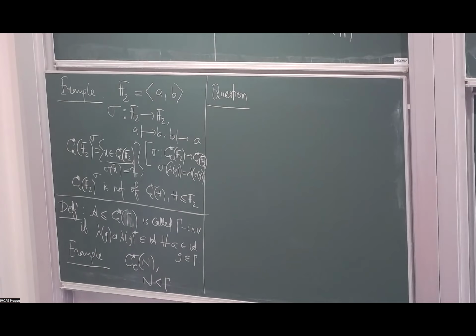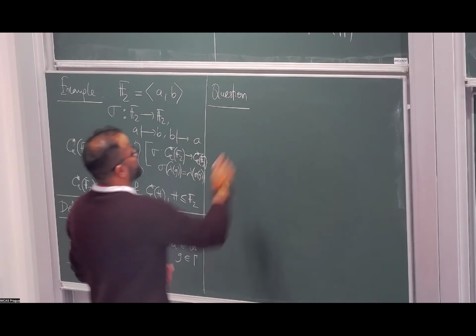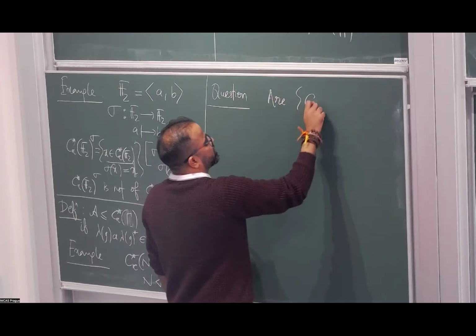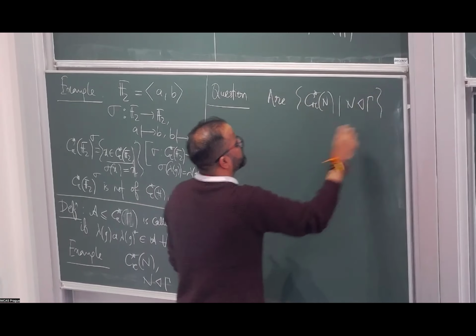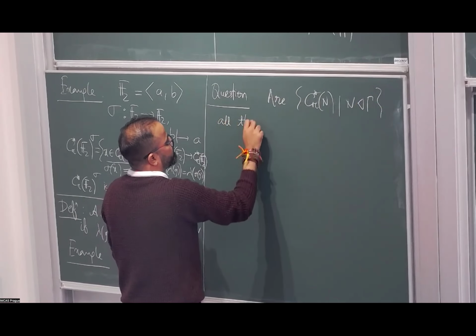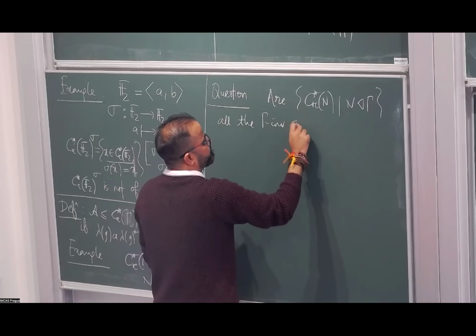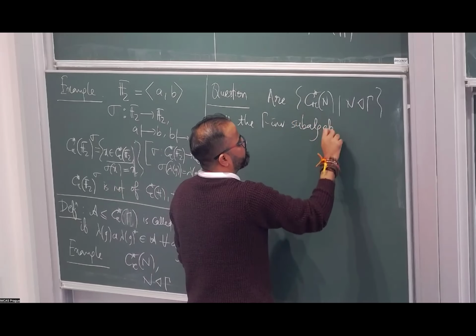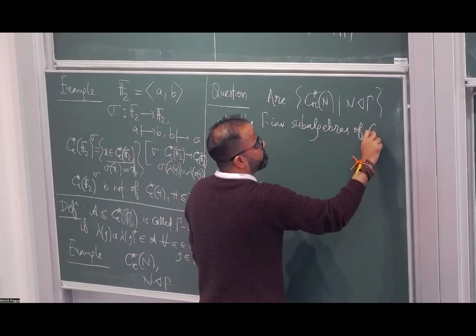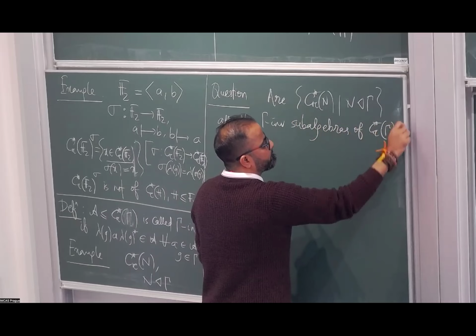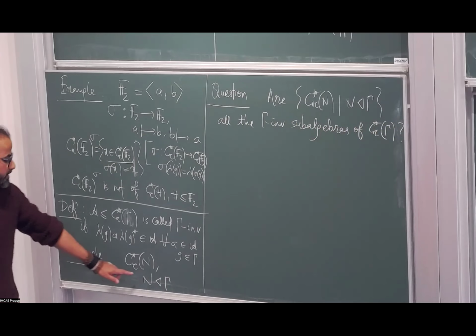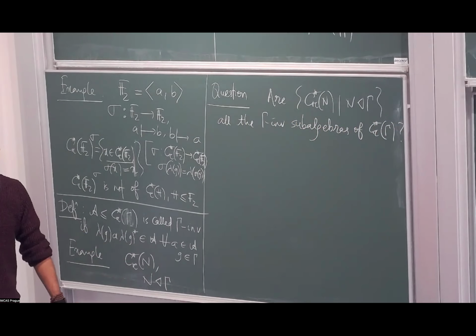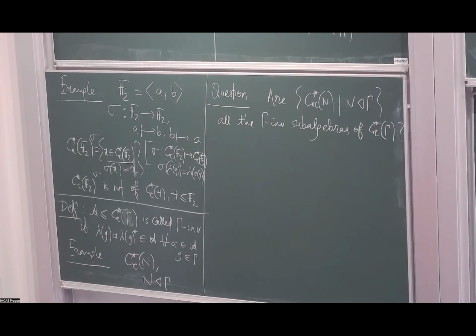So then my question becomes: can it happen that there is no other invariant subalgebra inside the reduced group C-star algebra except the canonical ones that come from normal subgroups? This is the question that I'm asking.